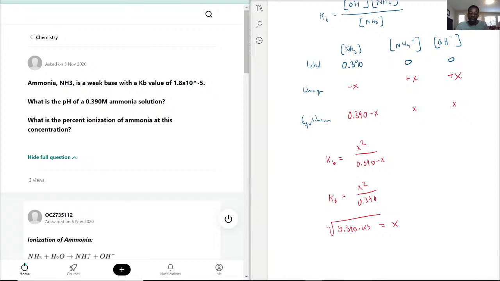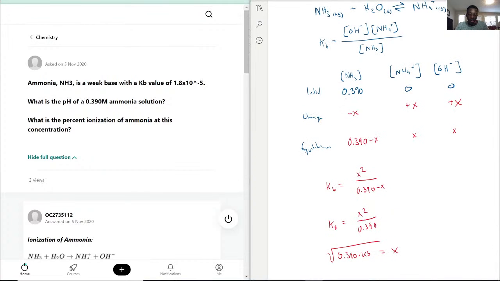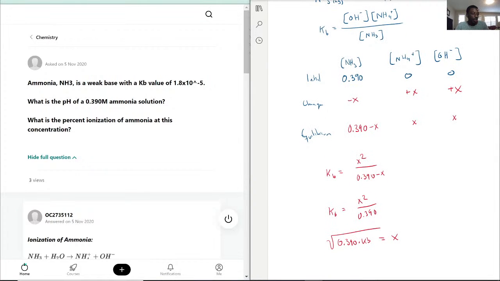So that means now our x value is going to be 0.390 times 1.8 to the power of negative 5, and then the square root of that. So our x value here is 2.65 times 10 to the negative 3.